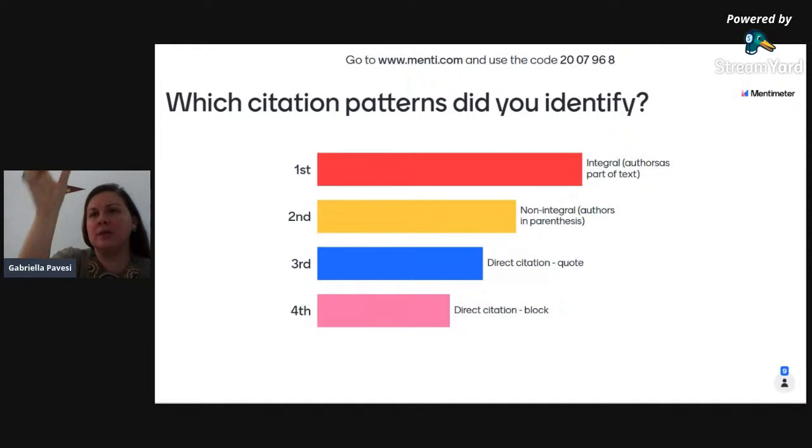This author, and this author, and this author, and this author. Most commonly, if you're mentioning more studies, you're going to have it non-integral, in parentheses.